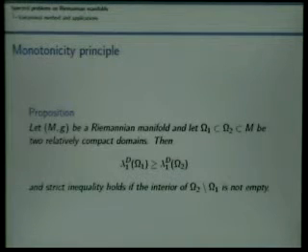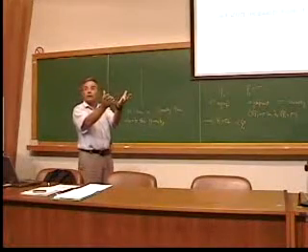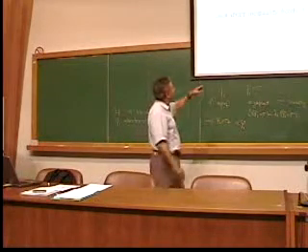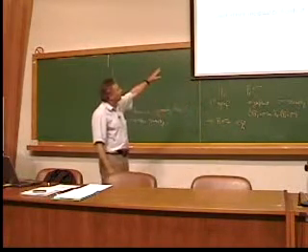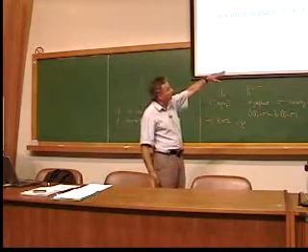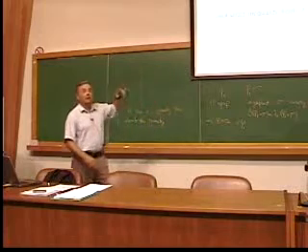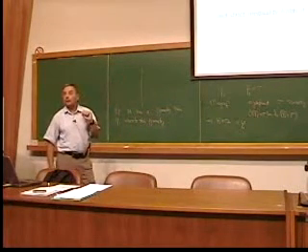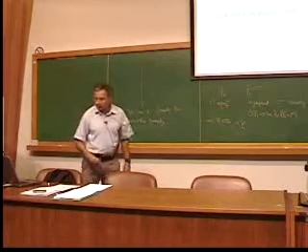This is just because you can view the C infinity functions with compact support inside omega 1 as a subspace of the C infinity functions with compact support inside omega 2. And in fact, one has a little more, that's a little more difficult to prove: if the interior of omega 2 minus omega 1 is non-empty, then you have strict inequality. So that's a very important property.